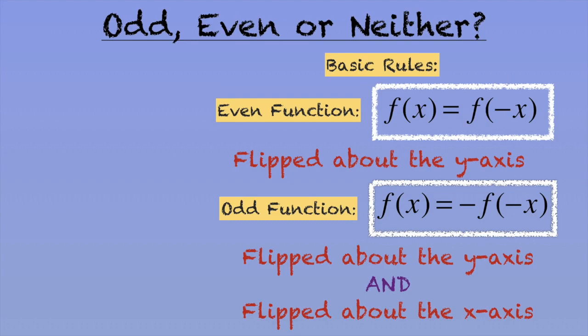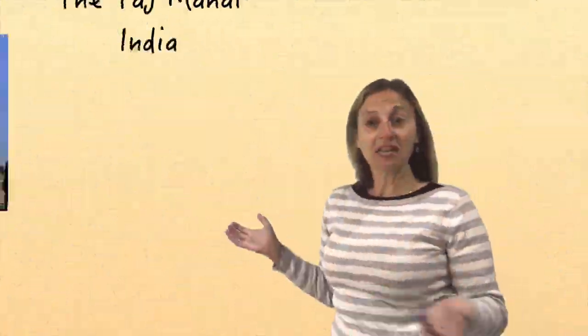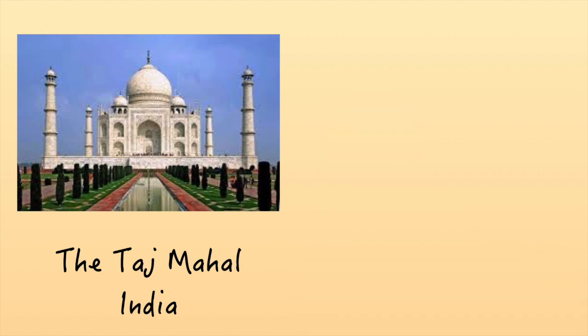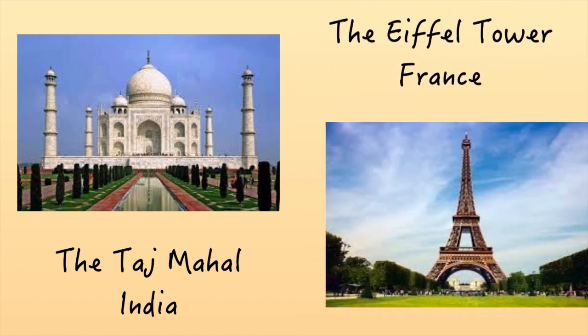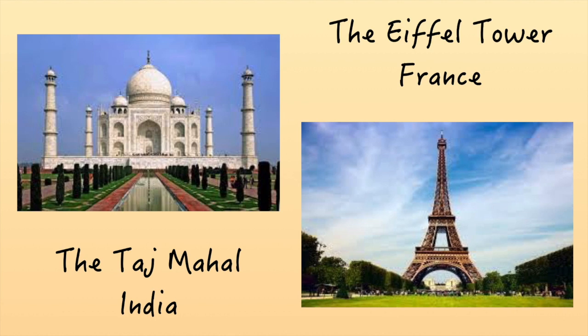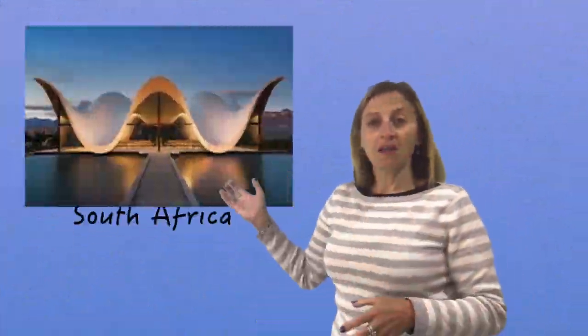So let's have a look at some of those times where we actually see this in real life. For example, you would already know the Taj Mahal in India, of course. Take a look at how symmetrical that is about the y-axis in the middle. And of course we have the Eiffel Tower in France, Paris. It also has symmetry about the y-axis. Those two architectural buildings are both even functions. What other places do we know? Here we have the Great Chapel in South Africa.